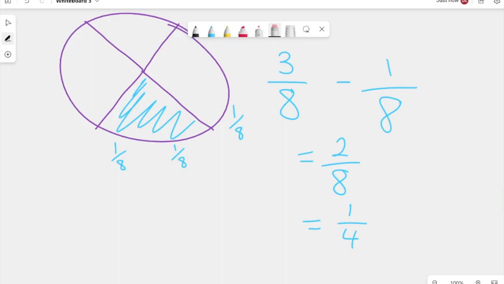We still have 1, 2, 3, 4. And I have 1 of these. So this is an extra visual representation of the equivalent fractions and the process of simplifying fractions that we talked about before. So that is essentially what we notice.